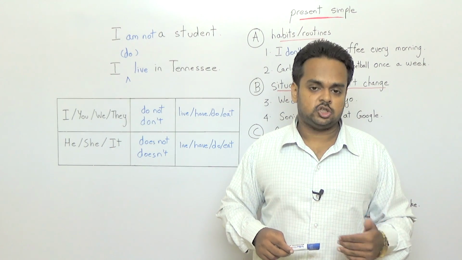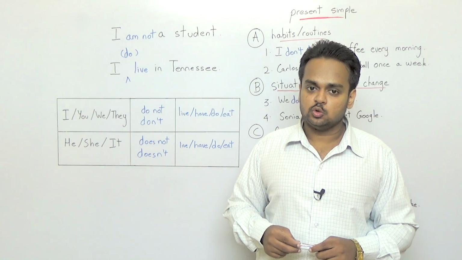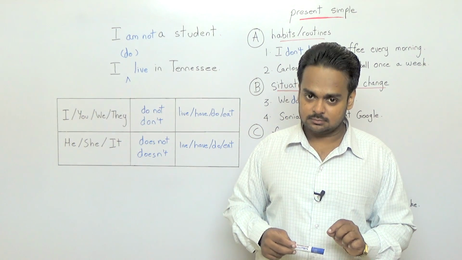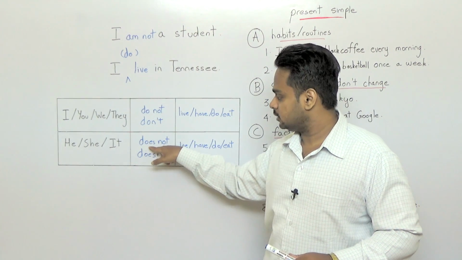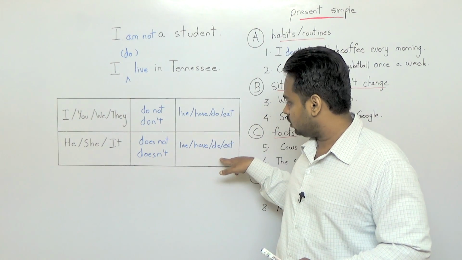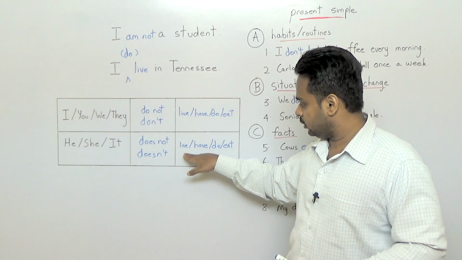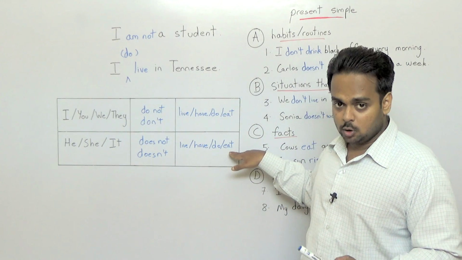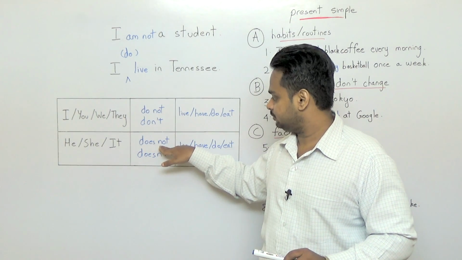He lives, she works, etc. When you make negative statements, you still have to add s, but we add the s to do, and we make it does. That means there's no s in the main verb. Over here, live, have, do, eat. Again, over here, live, have, do, eat. So no s, because the s is added over here.